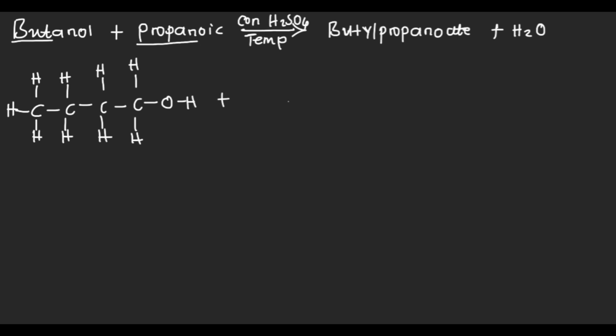Now for propanoic acid we have 3 carbons. Then here we have this carbonyl group.